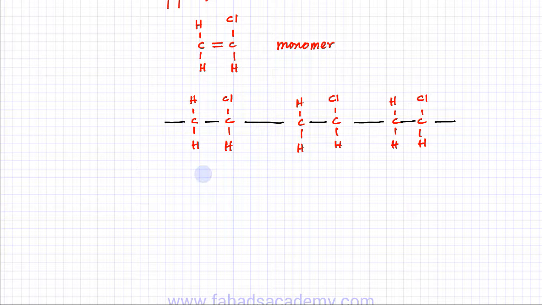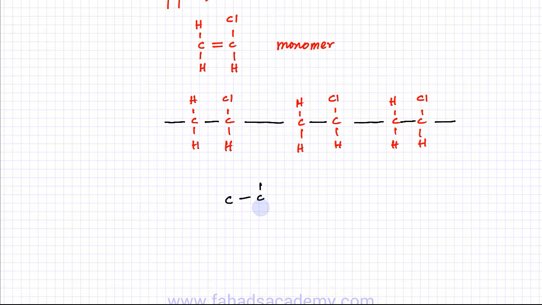And the simplest repeat unit of this PVC looks something like this. There's a Cl atom on this side, there's a hydrogen atom below this, there's another hydrogen atom and another hydrogen atom, and then you're going to draw continuation bonds and square brackets.